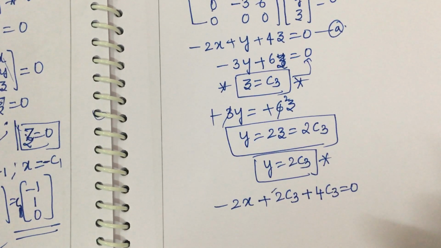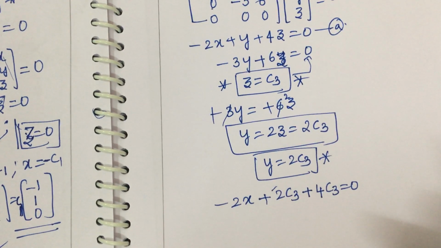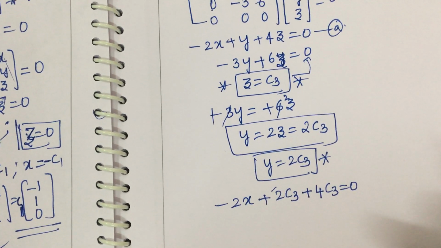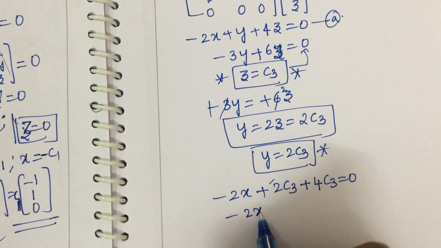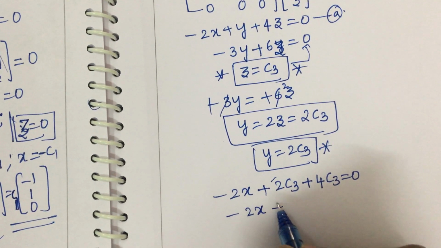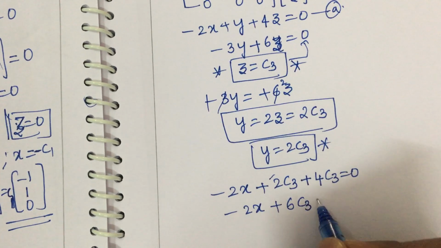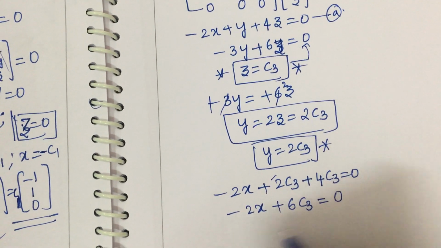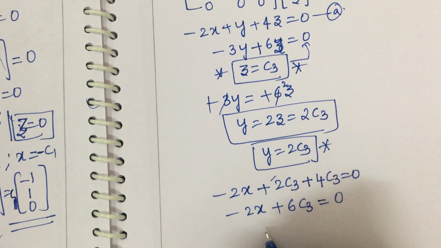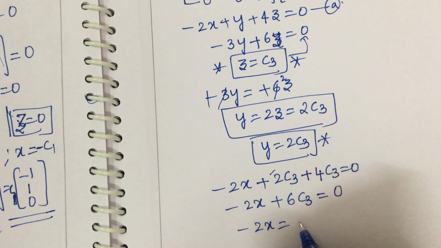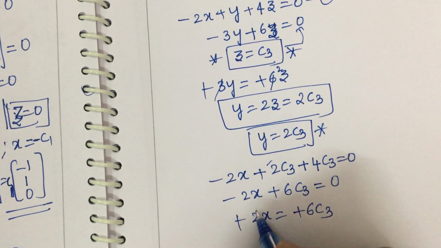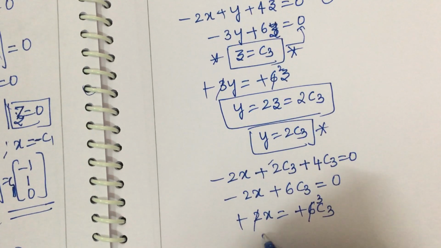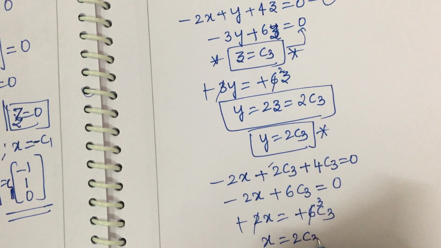So plus 4z, and finally this equation is reduced to minus 2x plus 6c3 equals 0. So what happens to this? Minus 2x equals minus 6c3. Negative and negative get cancelled, 2 times 3, so x equals 2c3.